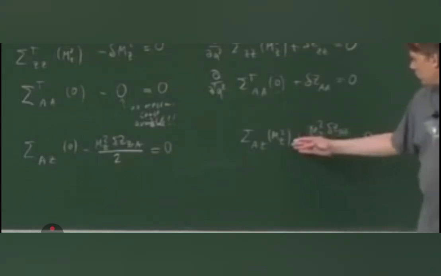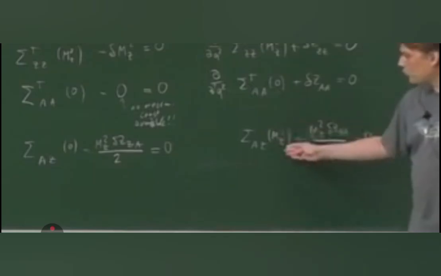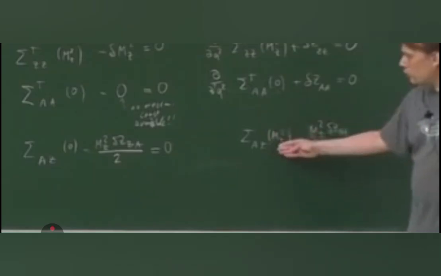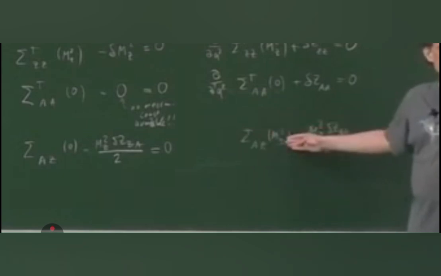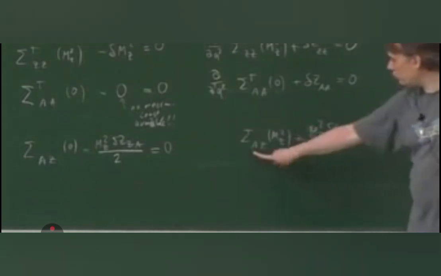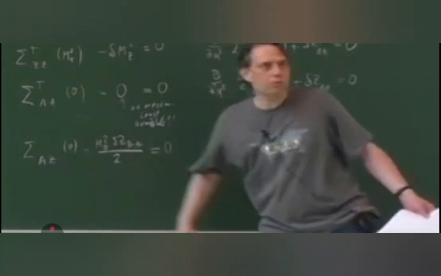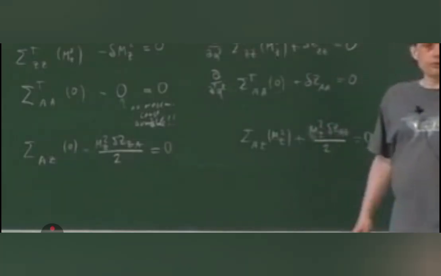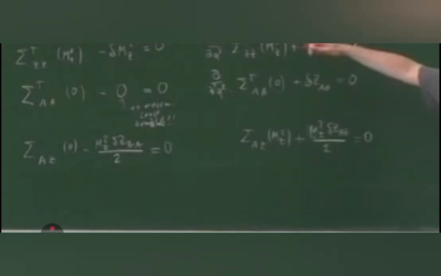The renormalization constants are determined by different self-energies, namely AZ at either momentum 0 or at momentum mz square. So the result of this and that calculation will for sure be different, and therefore we get different values for this delta z ZA and delta z AZ. But if you look at it now with this set of equations, all the renormalization constants in this sector are unambiguously fixed.